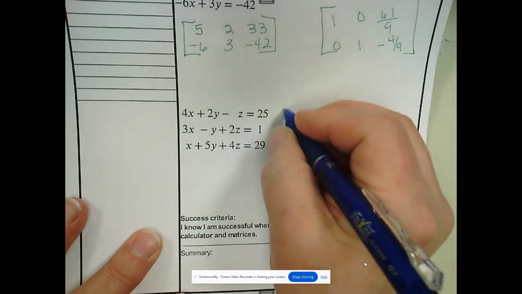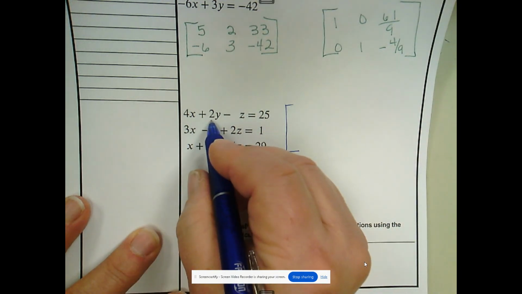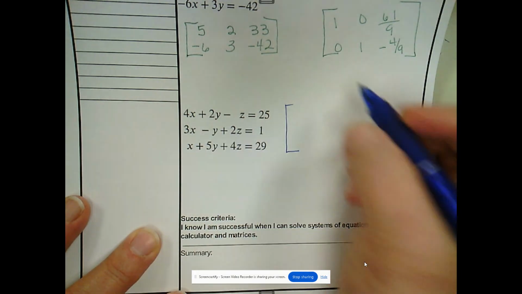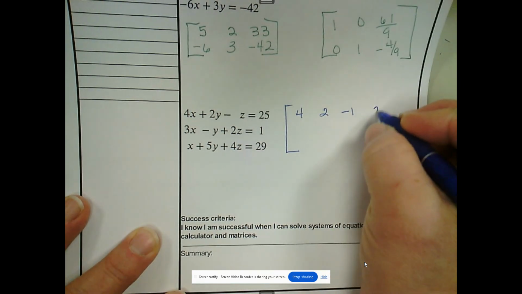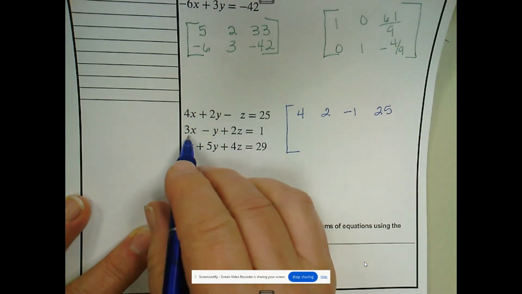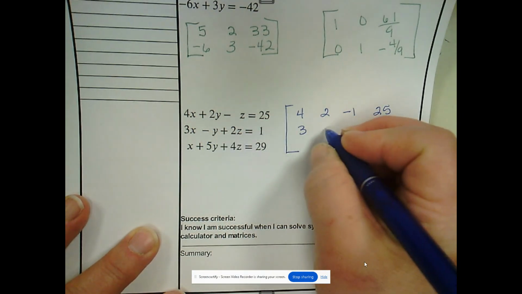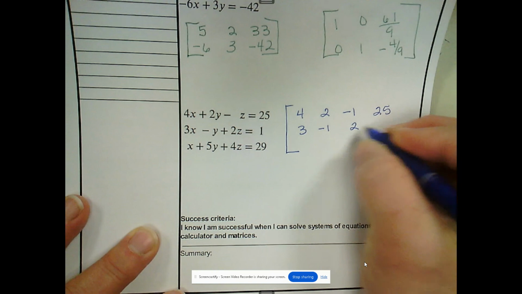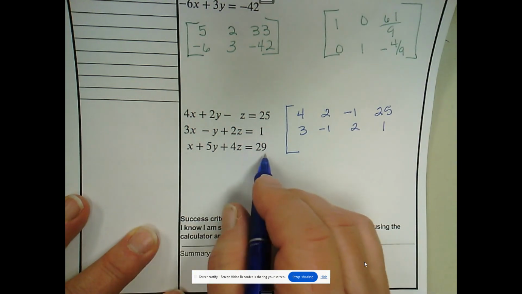Well, I do hope you tried. 4, 2, negative 1, 25. 3, negative 1, 2, 1. 1, 5, 4, 29.